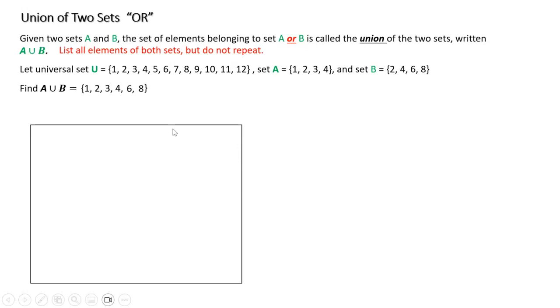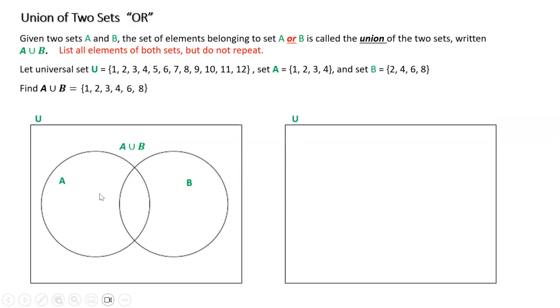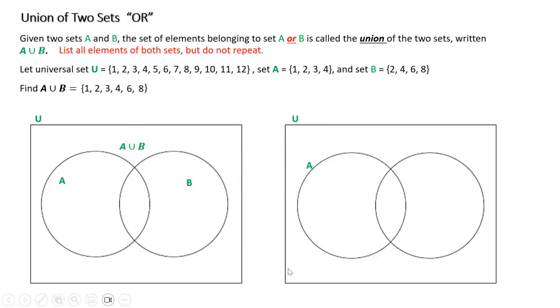Now here's how you represent this in a Venn diagram. That's the universal set. This is set A. Set B. This is the intersection. Right? So the union will be all this right here. Okay, now let's put it here. Set A, right?